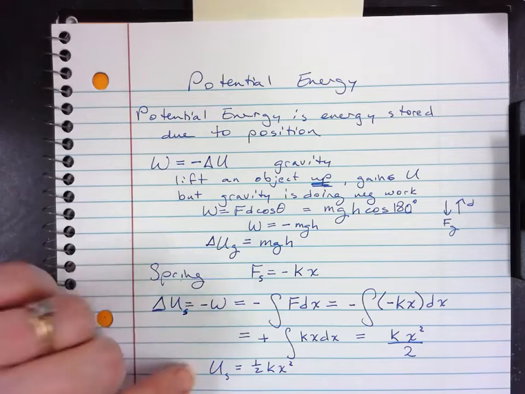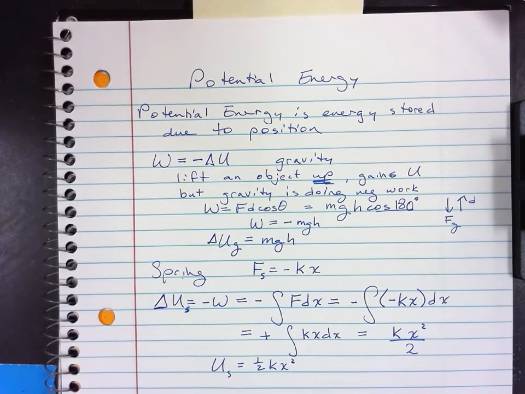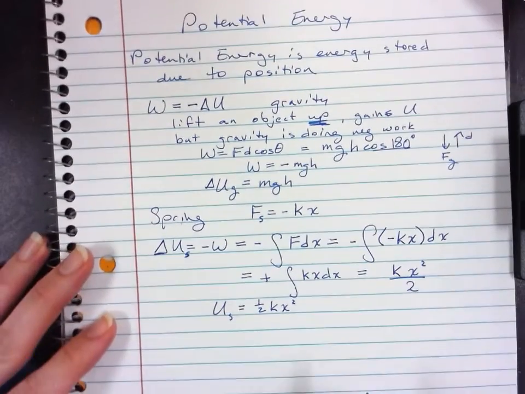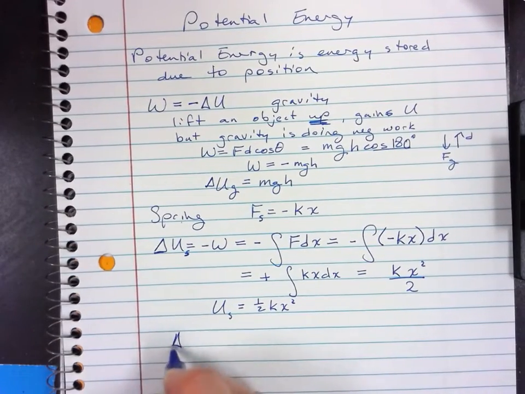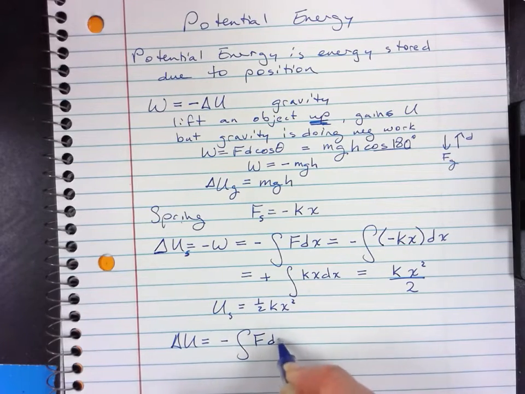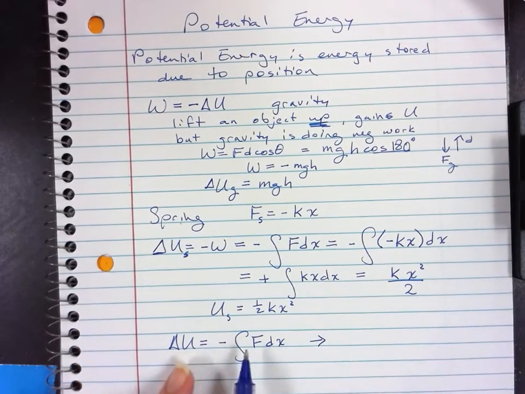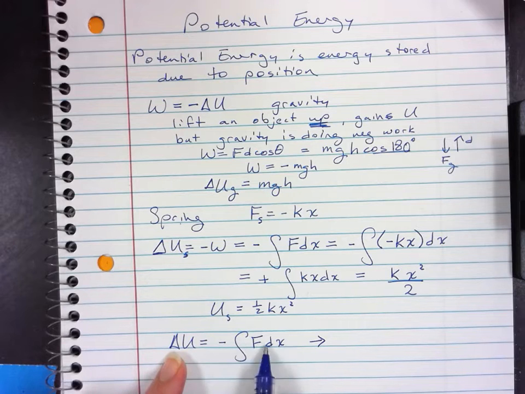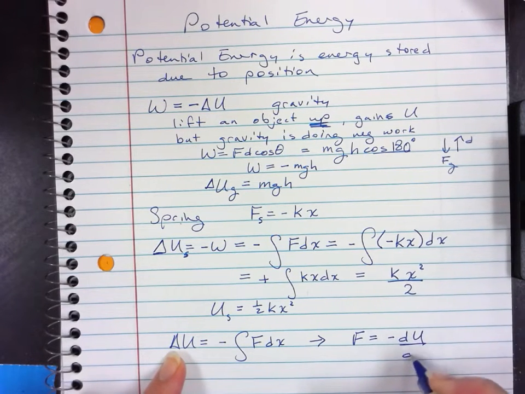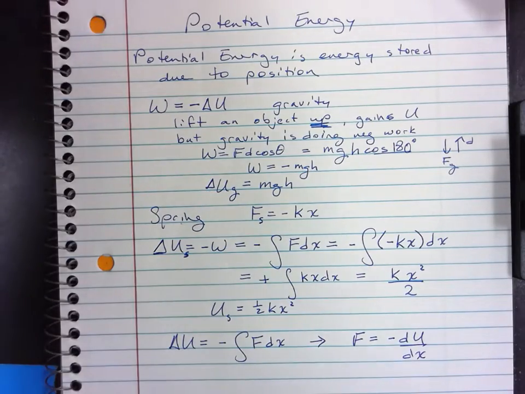So that's how you get to potential energy from a force. But what if you know the potential energy and you want to get back to the force? Well, we can reverse this definition. If the change in potential energy is the negative work done, so the negative integral of force. So in words, potential energy is the negative integral of force. So force is the negative derivative of the potential energy function.